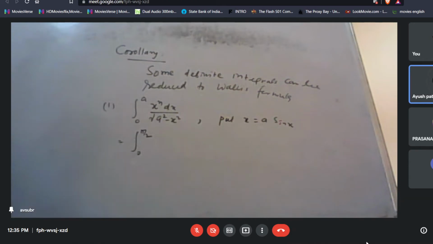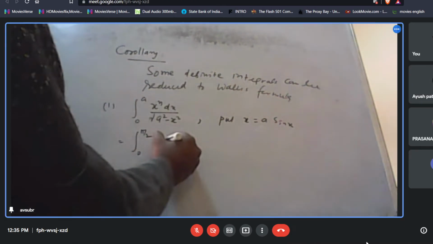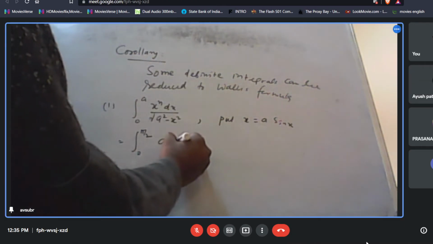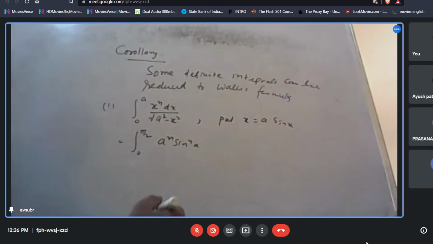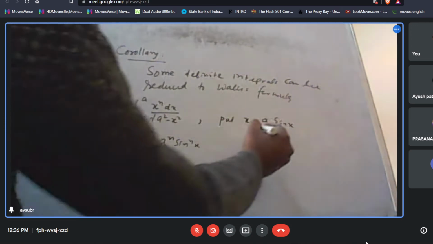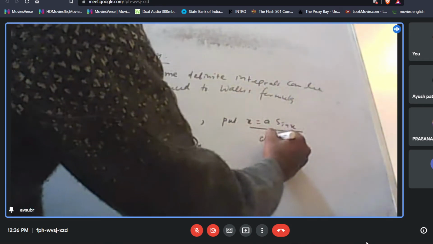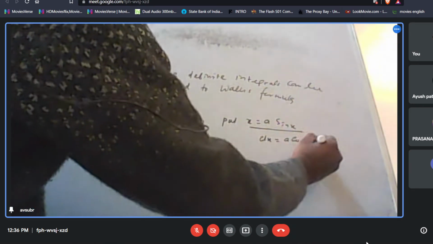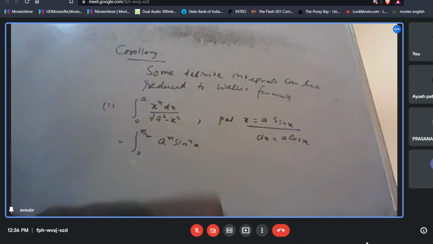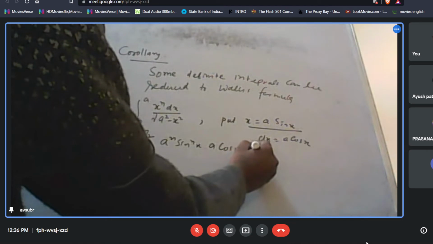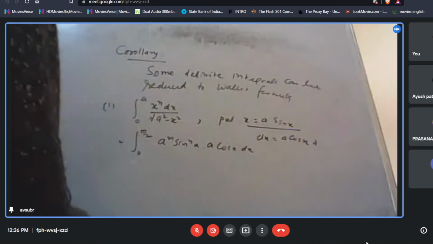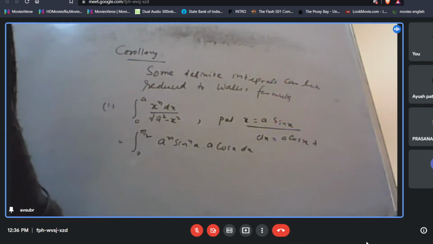So in place of this, we have a to the power n, sin to the power n theta, and dx is equal to a cos theta d theta.